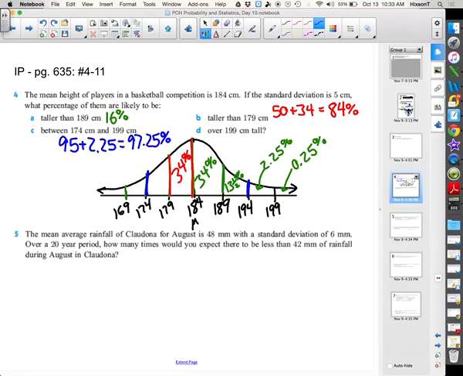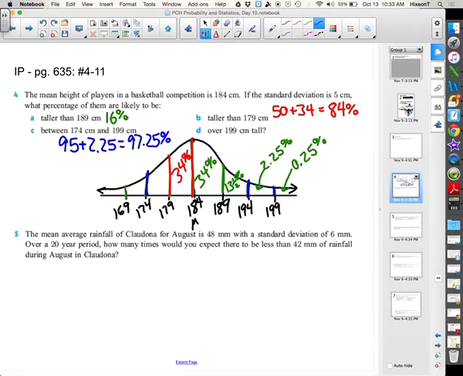So this is all just memorization, kind of. It kind of is. The key is getting this set up correctly. If you can sketch your normal curve, then it's really just, do you know your percentages, and then just picking the right regions. Okay? Alright.